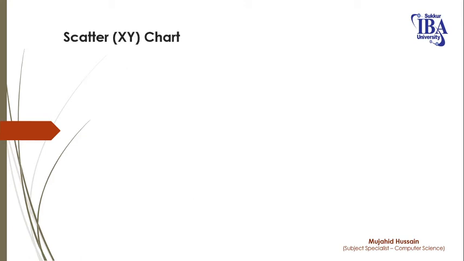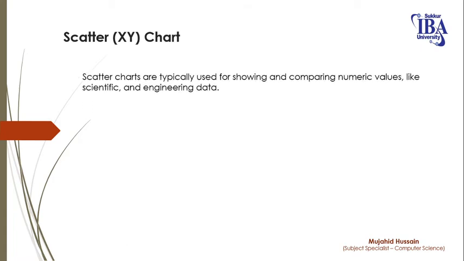Then scatter chart, which is known as an XY chart. This chart is typically used for showing and comparing numeric values, like scientific and engineering data. If you want to compare different numeric values, then this chart will show the difference among those values.